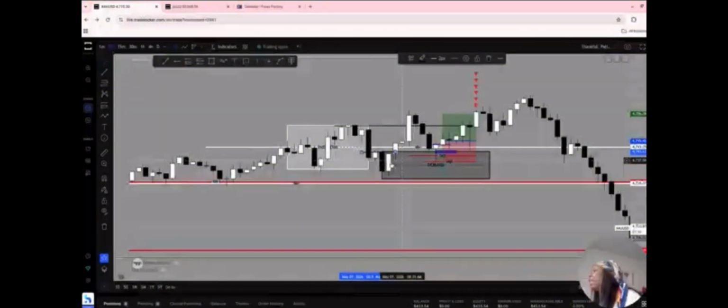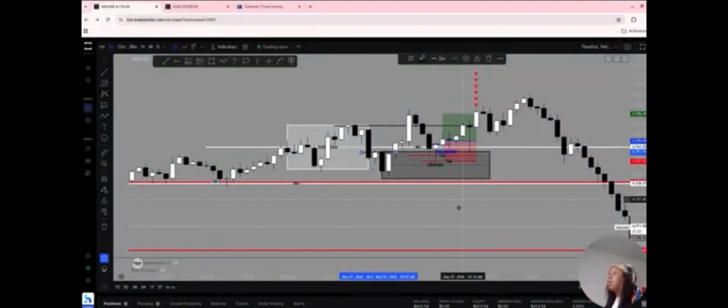Anyway, so boom, I made a demand zone, and my demand zone is going to be the bear candle that the break of structure came from, which is this one. So I created from the top of the wick to the bottom of the wick, and I just move it over. I put my info in there, demand, so that I know what is going on. I like to write in real time what is going on, so I know what is going on.